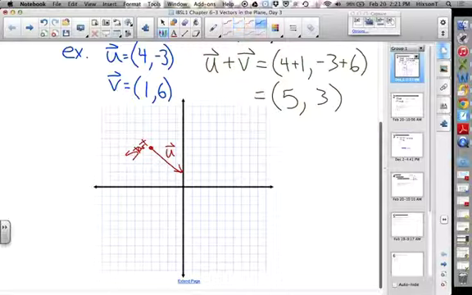So vector v, I start here and I go to the right 1 and up 1, 2, 3, 4, 5, 6. So that's v. Well, the vector u plus v is this vector right here. So what is that vector? It goes over 1, 2, 3, 4, 5 and up 3. 5, 3. Okay? No, that's fine.